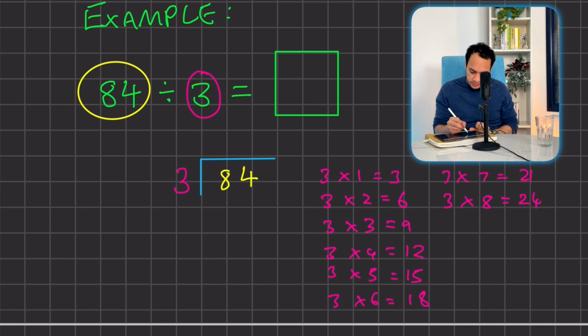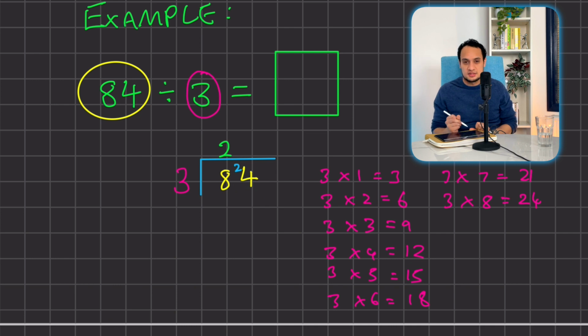What I'm going to do is 3 into 8, I'm going to put how many times it fits on top of my bus stop. I'm going to put 2 on top like that. But because I've got a remainder, I need to make sure that I carry the remaining 2 onto my next number. That's going to be our 4 here. So I'm just going to put 2 next to it like that. Now this reads 24.